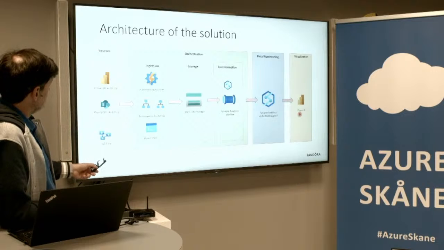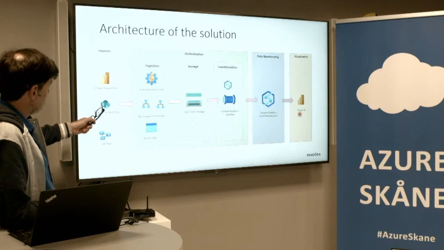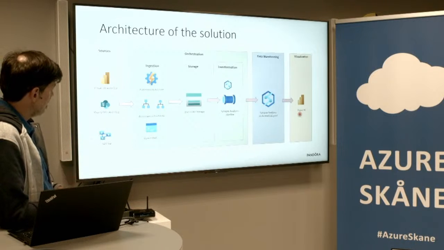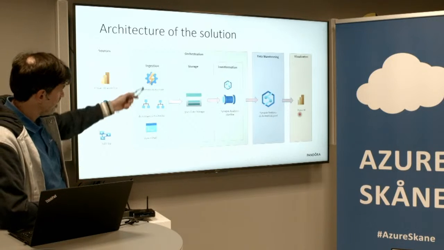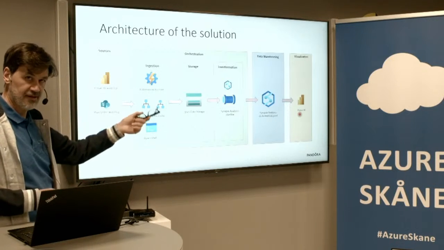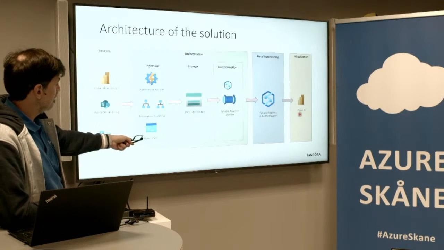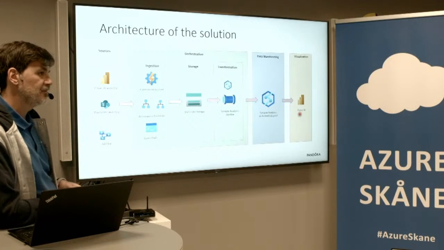Data sources: Power BI audit logs, SharePoint audit logs, Azure Analysis Services logs. Then of course there is an automation. I will explain each of these steps in detail. Then you have an automation account.